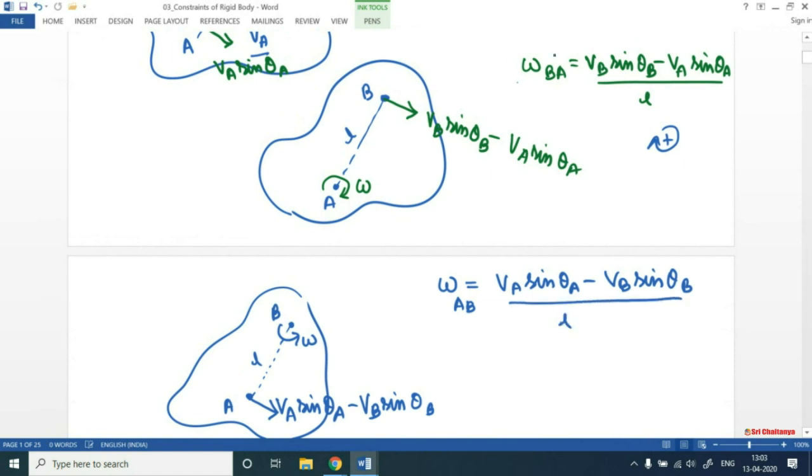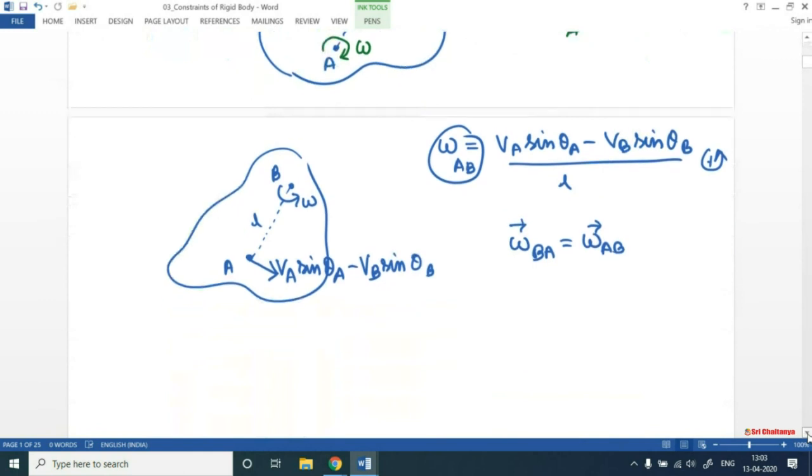So this angular velocity we have written in the opposite direction, so basically they have opposite signs. Basically what we can say is omega BA is nothing but equal to omega AB.